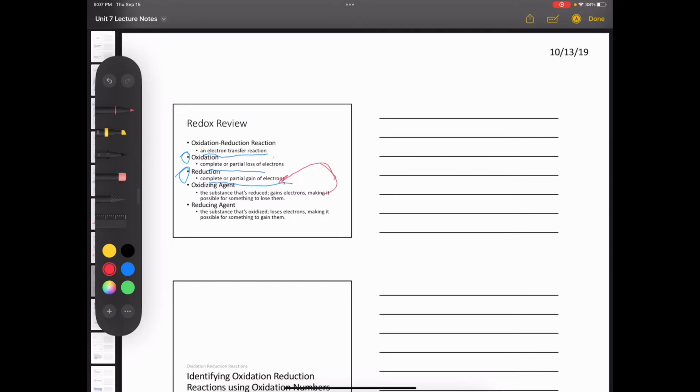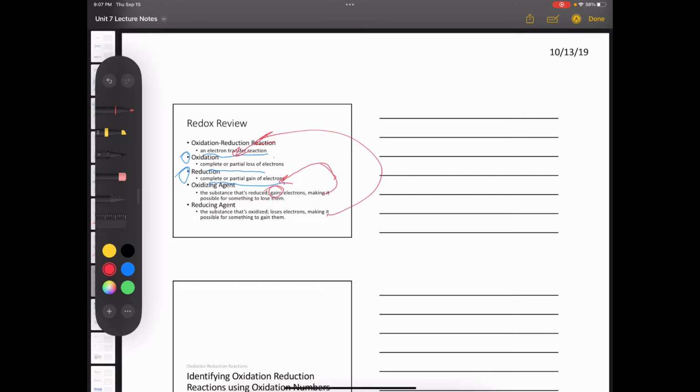The oxidizing agent is the substance that's reduced, so it gains the electrons. So the keyword here again is gain. The reducing agent is the oxidized material right here. So the oxidizing agent is the substance that is reduced, gains the electrons, making it possible for something to lose these electrons.